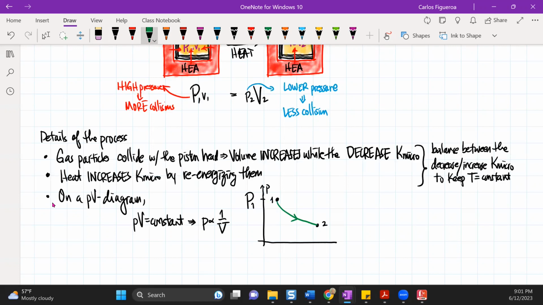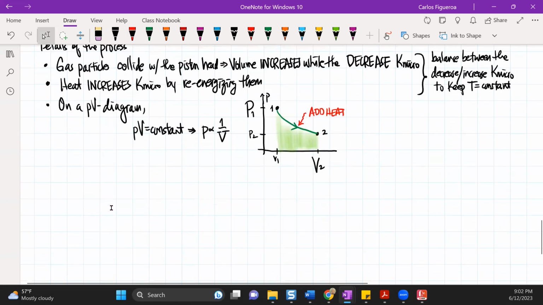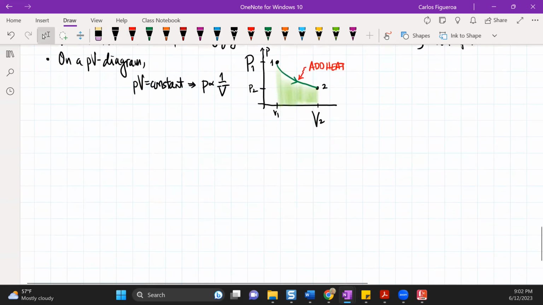And so this tells me that this is a small volume. This here tells me that this is a high volume at the same time that this is a lower pressure. So what you're seeing here is this 1 over volume behavior. And the only way you can do this is if you add heat. This is isothermal heating. Now, if I look at isothermal cooling, it's very similar.